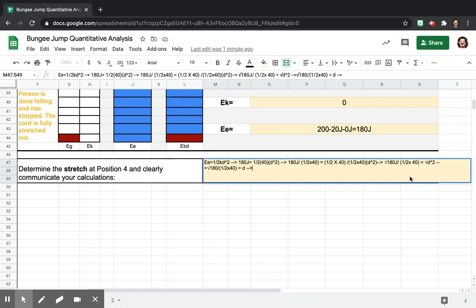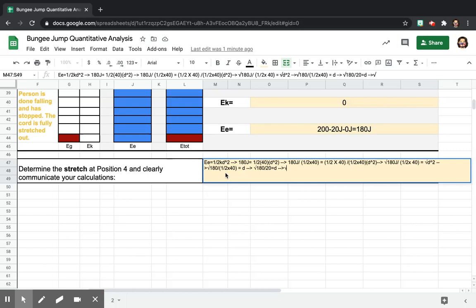All right, so I'm going to do the math to break this down a little bit. 180, I'm not going to touch yet, but I can do 1/2 times 40, which half of 40 is 20, equals d. I'm just going to break it down step by step so you can see. So then I have 180 divided by 20.